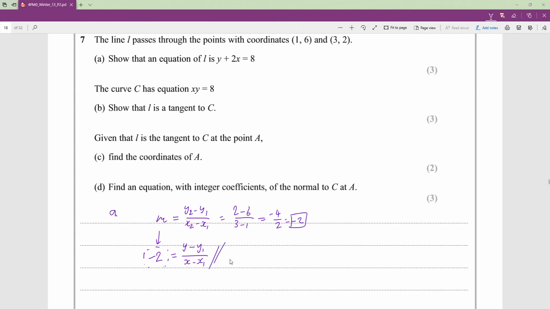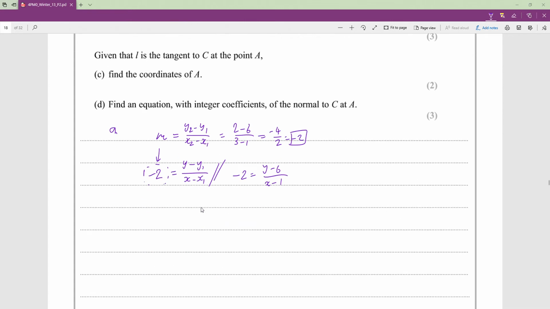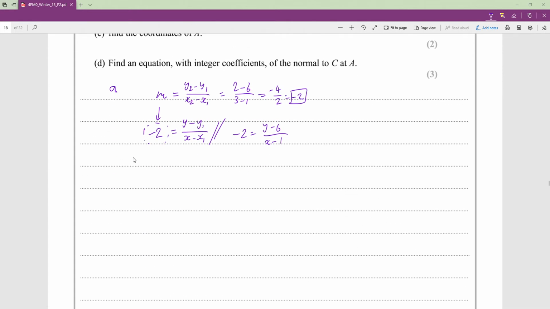So minus 2 is equal to (y minus 6) over (x minus 1). Multiplying both sides by x minus 1, we get minus 2 times (x minus 1) is equal to y minus 6. And if we flip the equation around and add 6 to both sides, we get y is minus 2 times (x minus 1) plus 6.